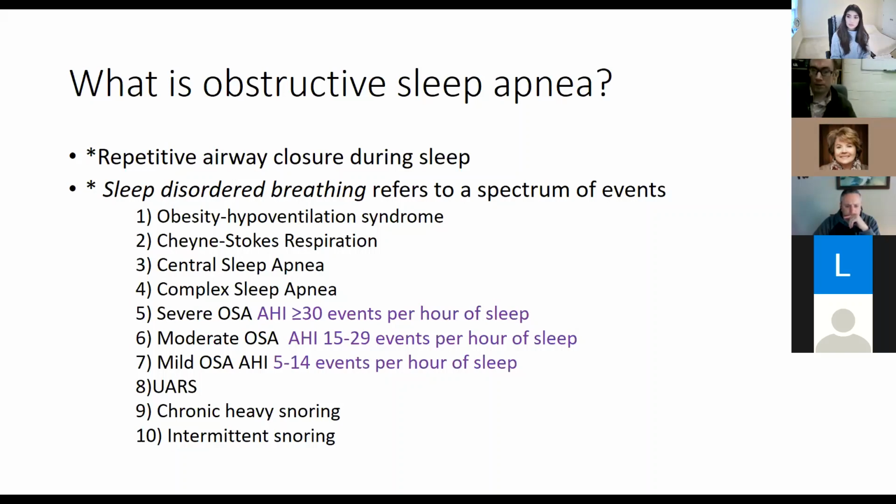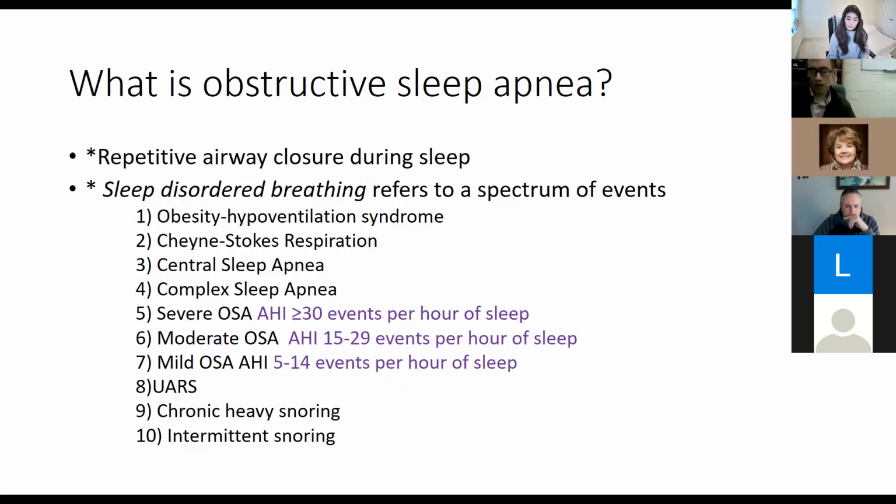Then we have obstructive sleep apnea. That's where we have repetitive airway closures during sleep that lead to hypoxemia and big swings in thoracic pressure. We grade the severity as mild, moderate, or severe, based on the number of respiratory events we document per hour of sleep. That's important because it has health implications.